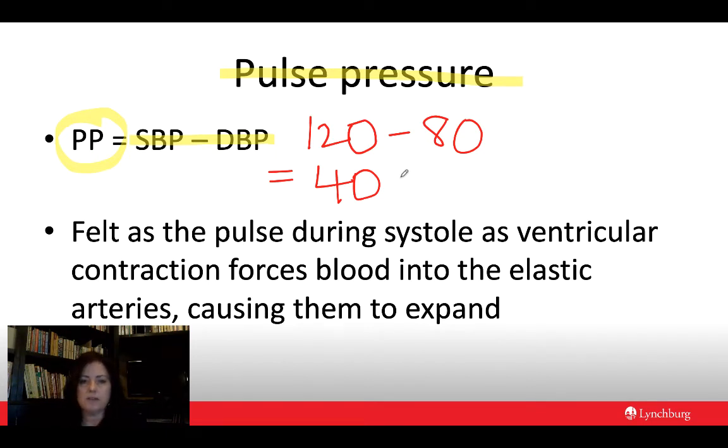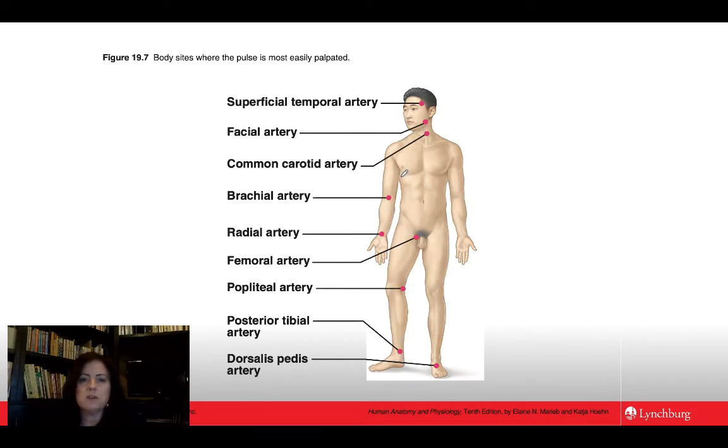This is actually what you're feeling as your pulse, and I've included some very common pulse points where you can palpate your pulse. Common carotid obviously is a highlight there. Radial artery, when you palpate pulse at your wrist, is a nice one.